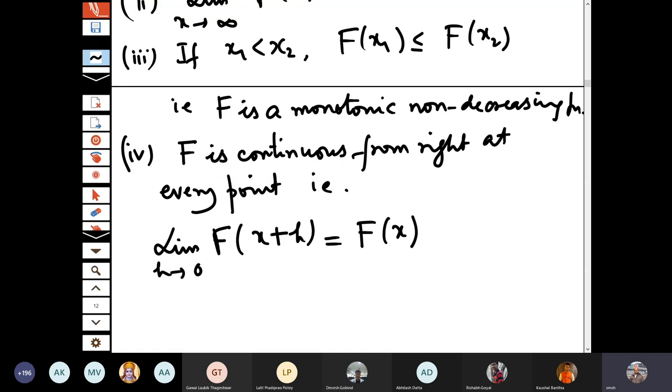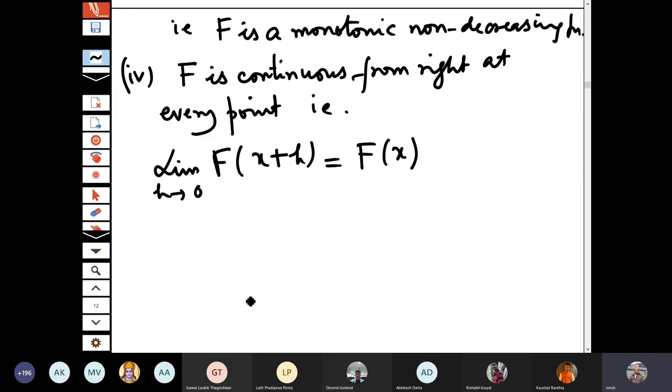Now this function is actually a very nice function, in the sense that given a random variable you will have a CDF, and if there is a function which satisfies these 4 properties, then it is the CDF of a random variable. So this is a one-to-one correspondence.